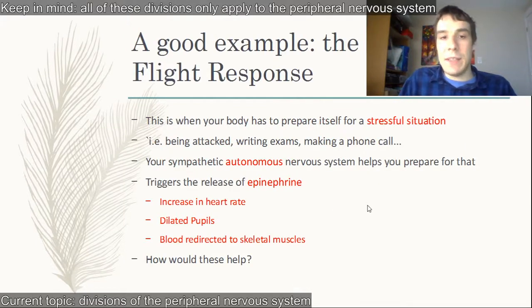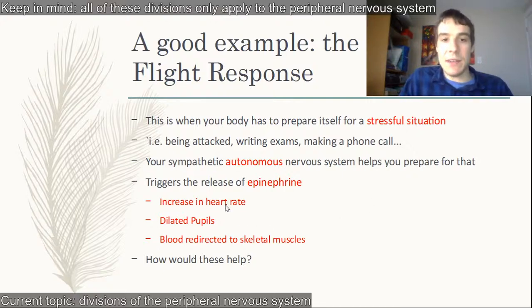A good example of this is when you have a stressful situation, your sympathetic autonomic nervous system helps you prepare for that. The full name of this would be the sympathetic autonomic peripheral nervous system, because it's going out to the organs and not just staying in the spinal cord.